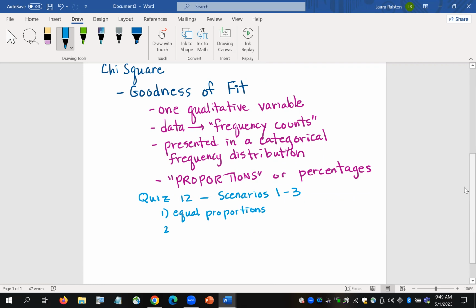The second option is that you have specific stated proportions for each group. And I happen to know, again, for the third scenario in quiz 12, you have the raw data, okay, which has a slightly different approach than the other two.